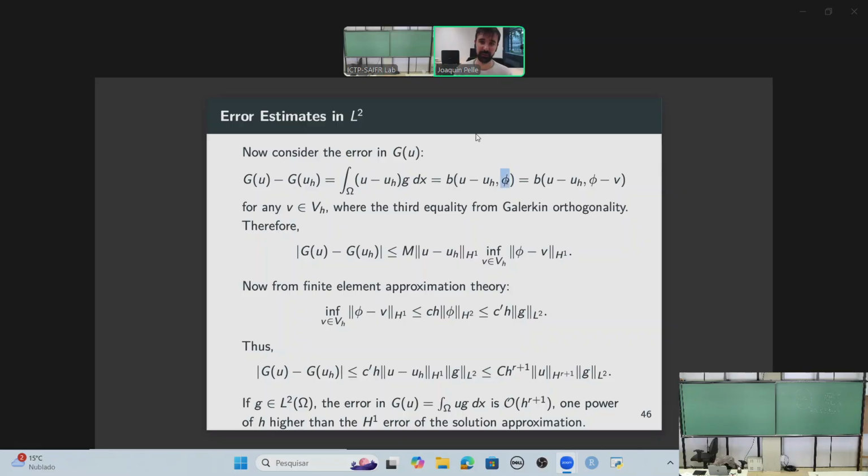This is by definition of the trial function. And here we have another property, which is the Galerkin orthogonality. We know that this approximation error lives outside of our finite element space, because if it lived inside, then we wouldn't have the best approximation. So we know that the error is outside.